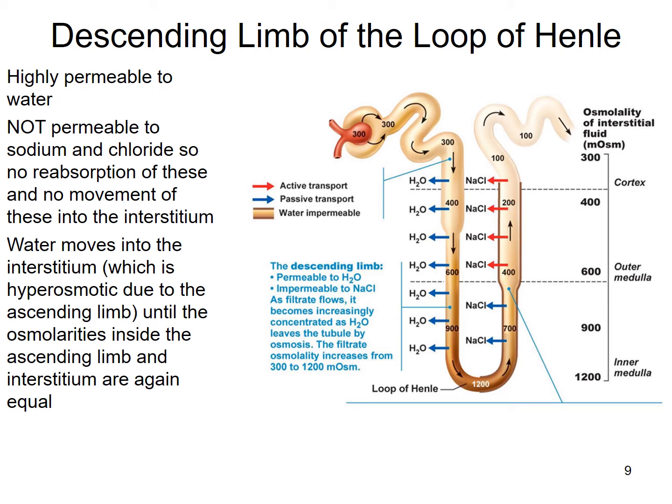You're going to see water leaving all the way down the descending limb because, as I said, H2O leaves the tubule by osmosis. So as you move down and then back up, the osmolarities of the filtrate inside the ascending limb and the interstitium are equal to one another.